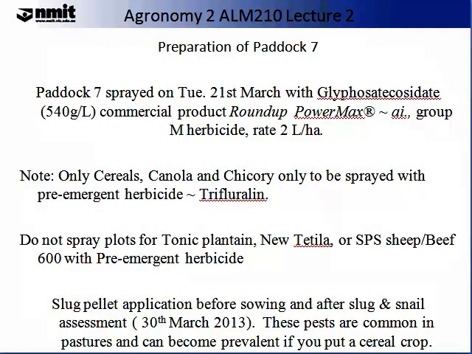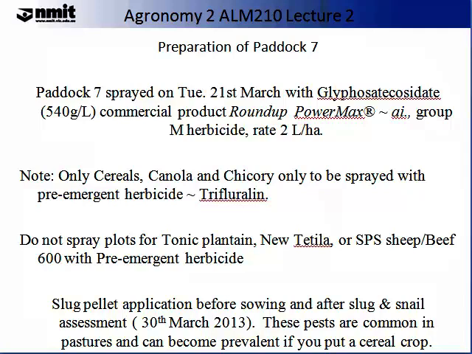Some of the details of the preparation of Paddock 7 are on the slide. On the 21st of March, the product glyphosate, or Roundup Power Max, which is its commercial name, was added to both paddocks. It was added at a rate of 2 litres per hectare.